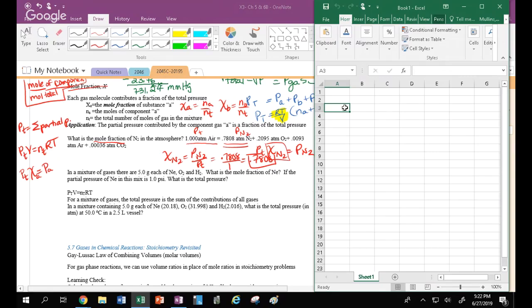All right, so let's see. We've got a few substances here. We've got neon. We've got oxygen. We've got hydrogen. And what we know is that we have 5 grams of each. What's the molar mass of neon?